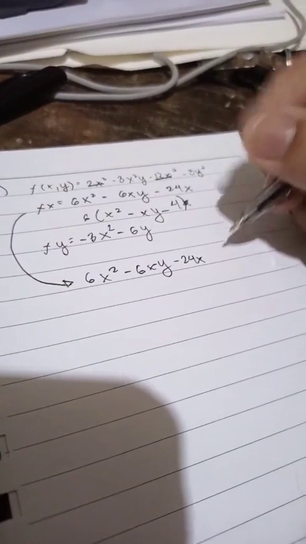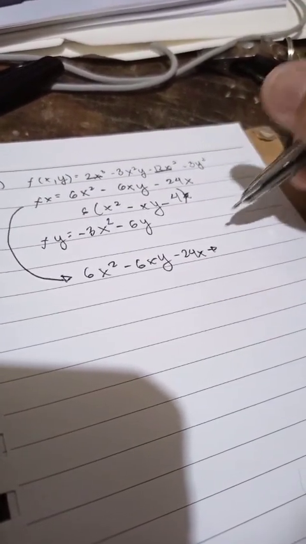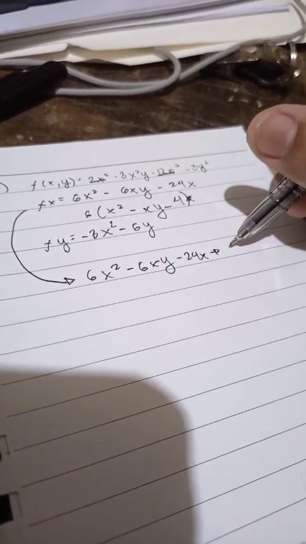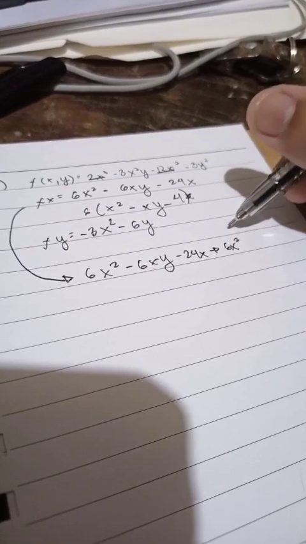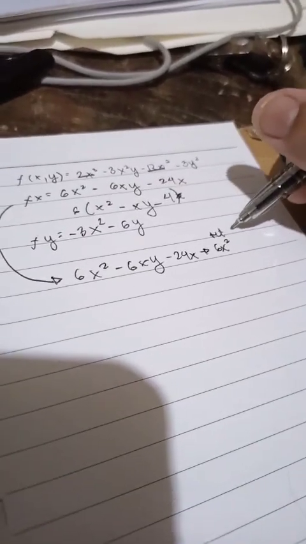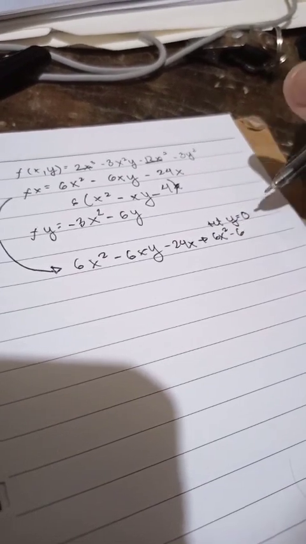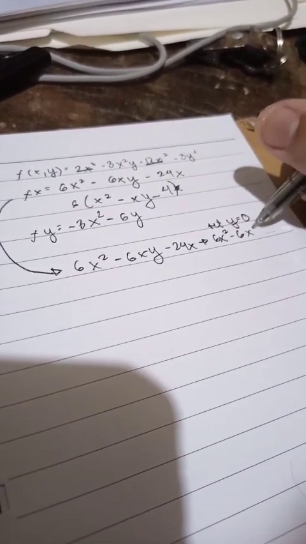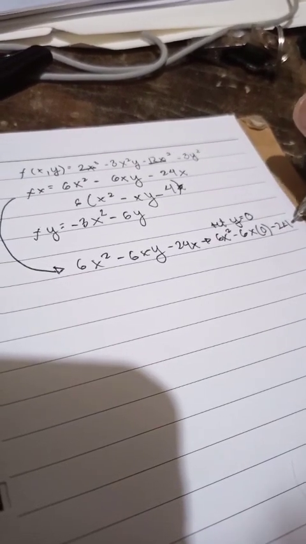Then you get x by setting y to 0. So you have 6x squared, set y to 0, minus 6x for x.